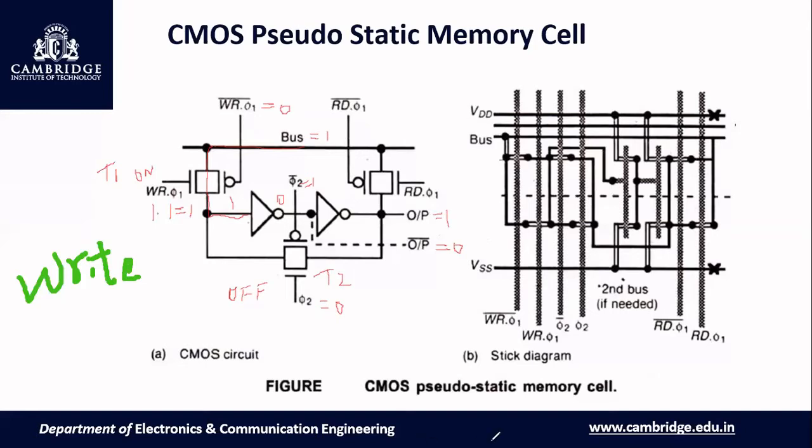And here RD should be 0 and phi1 should be 1, so that RD dot phi1 will be 0. Then RD dot phi1 bar will be 1, so this transmission gate will be off.